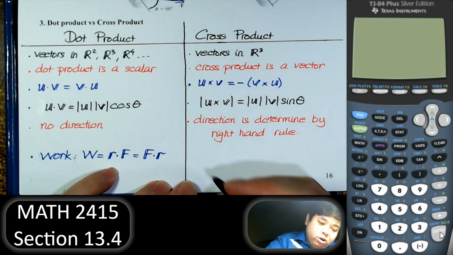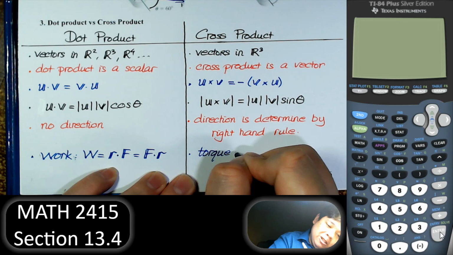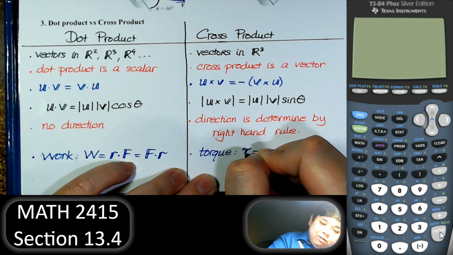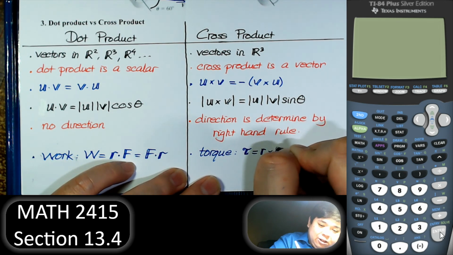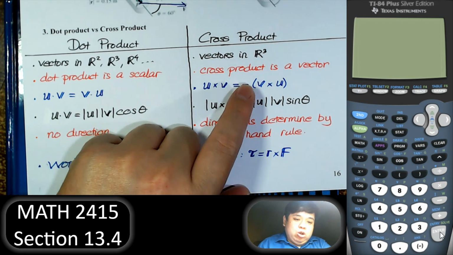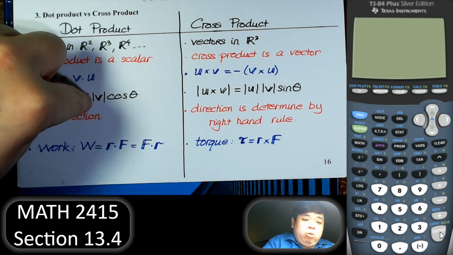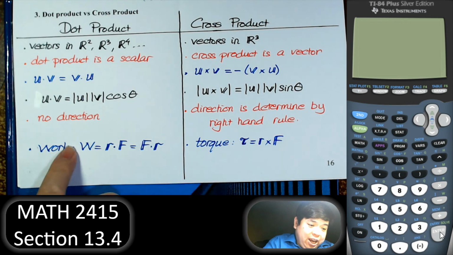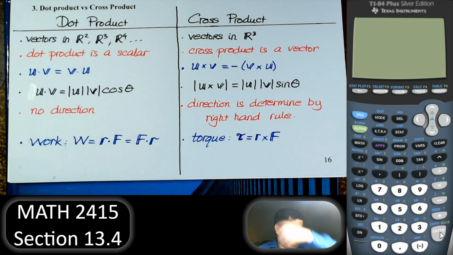But the torque is a vector, r cross f. We cannot switch r and f, because if we switch, we have to throw in the negative sign. And then of course we can do the orthogonal projection here, and the area of the parallelogram there. For the angle between two vectors, it is better to use this formula than the other one.